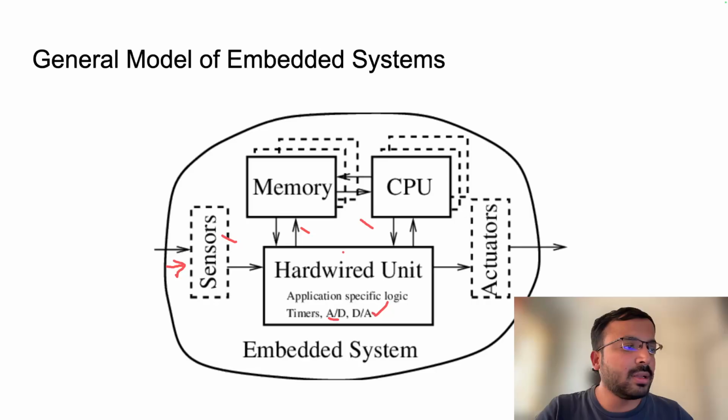Once the input from the environment comes through sensors and through these hardwired units, it gets manipulated by the CPU. The information is stored in the memory. And then you also need to display it, or you need to perform certain outputs. You need to display on certain LCDs, or you need to run the motors based on certain temperature inputs, or you need to decrease the speed.